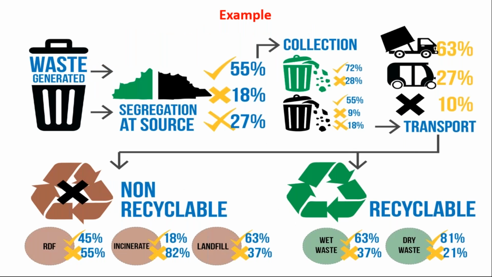So this is one of the examples, that is of Goa, where it is clearly mentioning the numbers of the waste generated. This is the segregation, that is, separation of the type of waste at source itself.